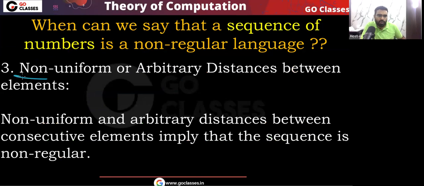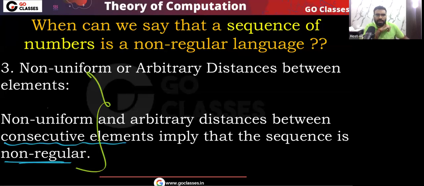That is, if you have non-uniform distance between elements. Understand this: if we have non-uniform, random, or I can say arbitrary distance between consecutive elements, then that is non-regular. Okay, let me give you an example of this also. Prime numbers will help, yes or no?